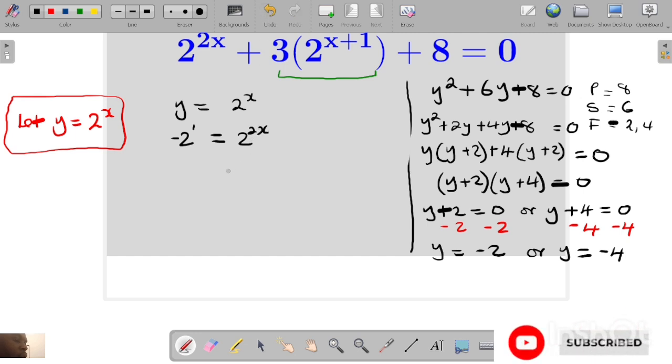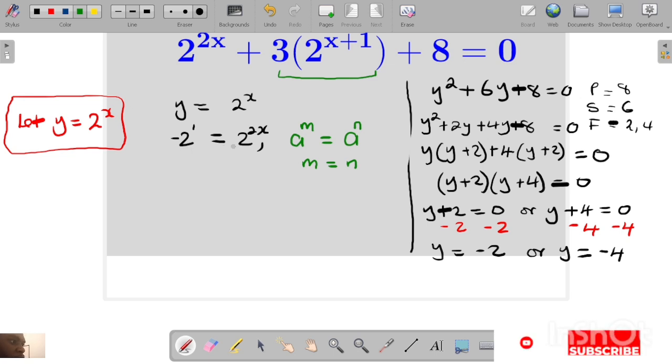All right, so by the laws of indices, if you have the base a that has been raised to the power m, which is equal to the same base a that has been raised to the power n, then it will imply that m is equal to n. Okay, when the bases are the same and all positive.